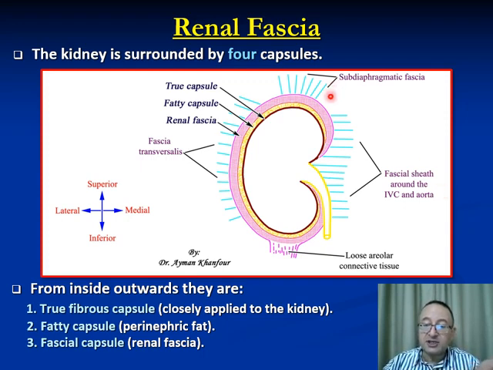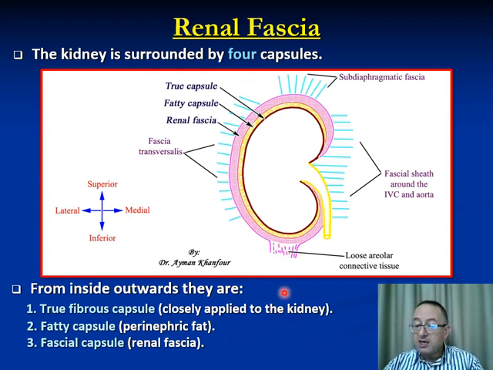Upwards, it is attached to subdiaphragmatic fascia, laterally to fascia transversalis, medially, it crosses the midline to reach the other side. The only part which is loose in this fascia is the lower part. That's why, if we have a perinephric abscess, what is the site of propagation and the drainage of this abscess?